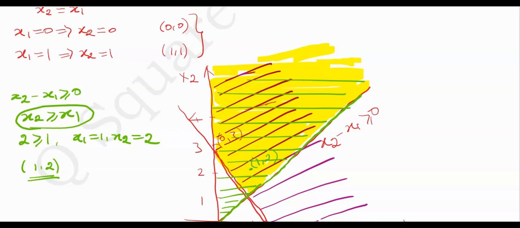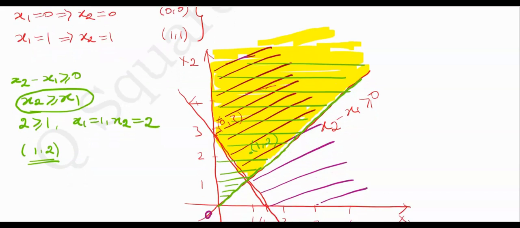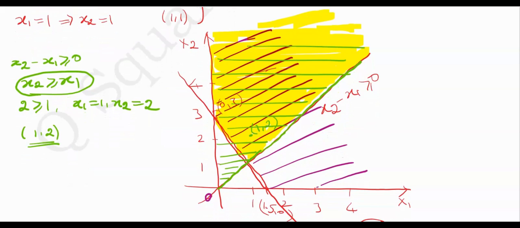Now the vertices of this unbounded region, we will take as A and B. B is (0, 3), but we don't know the point A. So for that we can solve these two lines x2 minus x1 is equal to 0 and 2x1 plus x2 equal to 3.